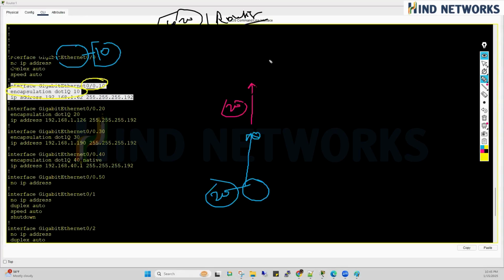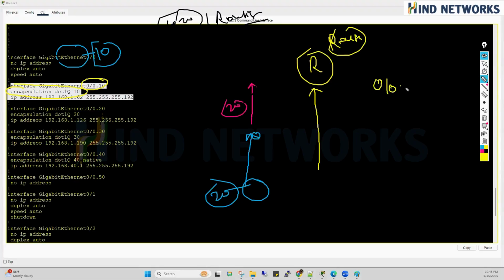It means I am telling this router, whenever you receive any packet and you perform the routing, and if you are forwarding this packet via gig 0/0.10, you just add the VLAN 10 tag with this packet. I am telling this to the router by this command.